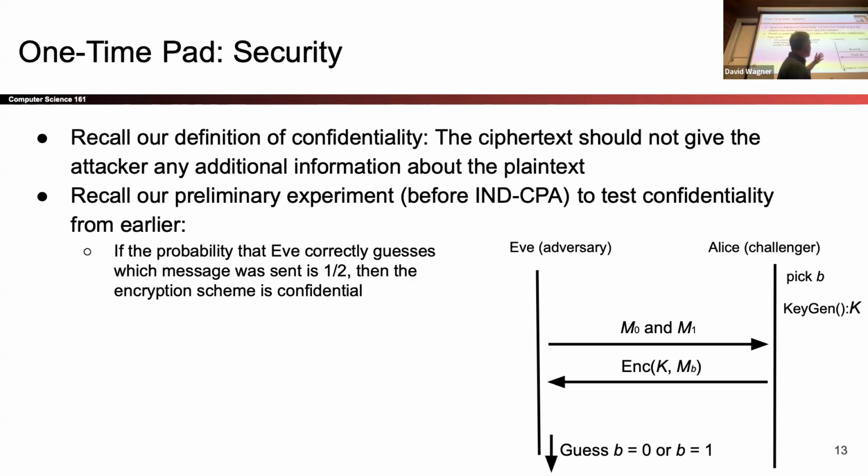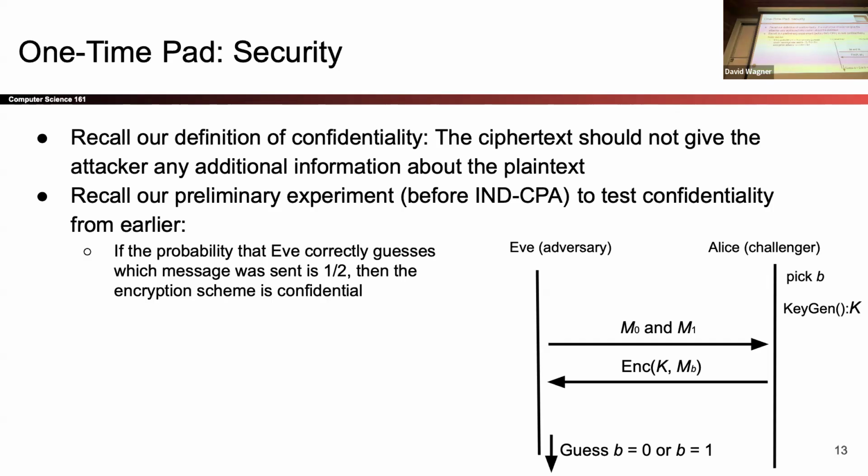In the full definition, the attacker could specify some messages to be encrypted. This is the chosen plaintext part. But let's ignore that part and focus on an attacker who can just observe the ciphertext and wants to try to infer some partial information about the message. So in the simplified security game, we're going to allow Eve to pick two messages, to constrain Alice to send only one of two messages.